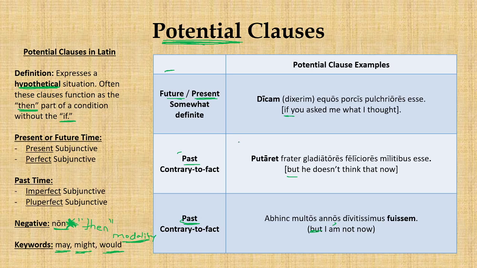For potentials that are in the present or the future, we can express those with either the present subjunctive or sometimes the perfect subjunctive, but it is most commonly the present. What this expresses is something somewhat definite. It's something that is still possible. It isn't necessarily completed, but it's not completely untrue either.